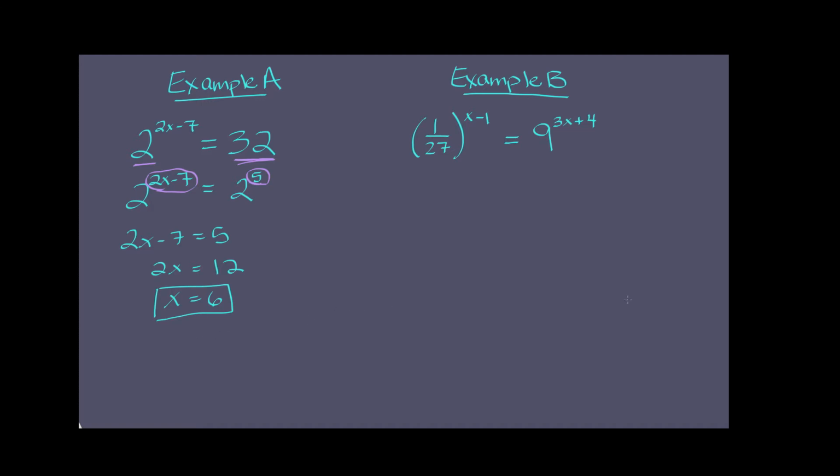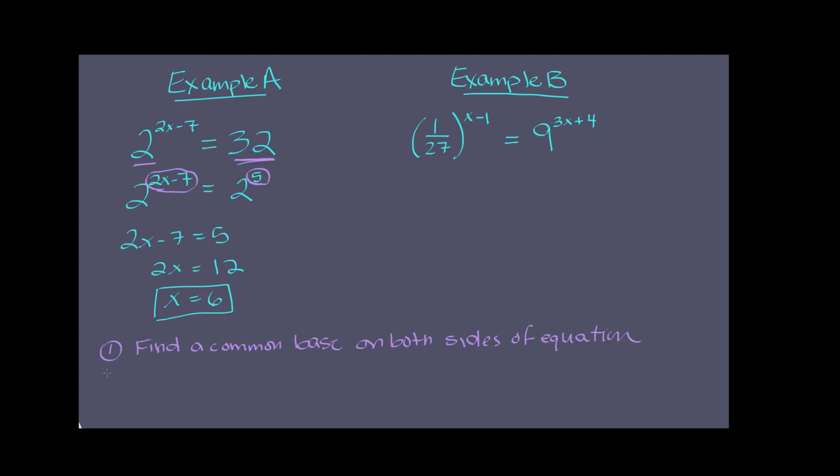Okay, so just to review, those steps were: first, we want to find a common base on both sides of the equation. In this case, it wasn't necessary to use exponent rules to simplify.